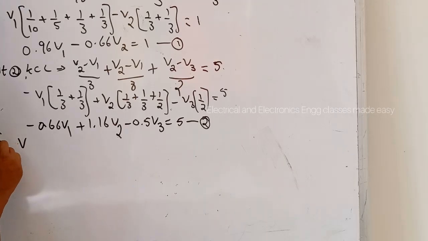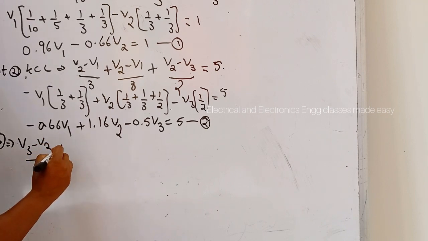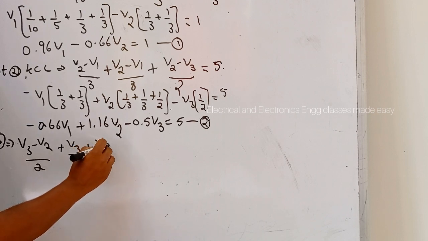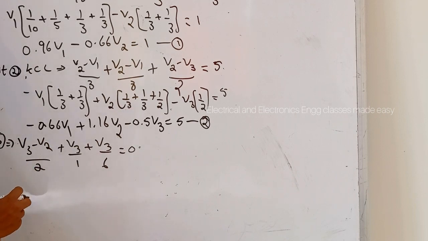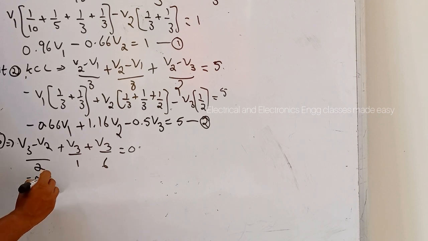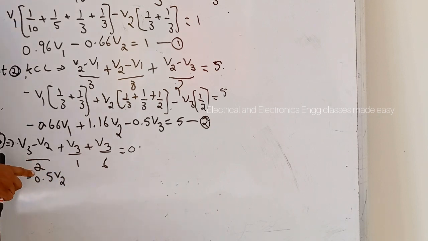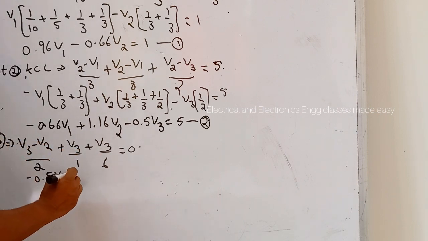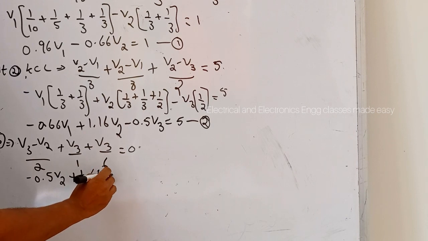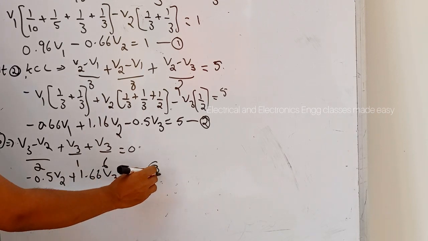Then after rearranging we will get V1 is 0, then minus V2 divided by 2, that is minus 0.5 V2, then V3 into 1 by 2 plus 1 by 1 plus 1 by 6, that is plus 1.66 V3 is equal to 0. So this is the third nodal equation.